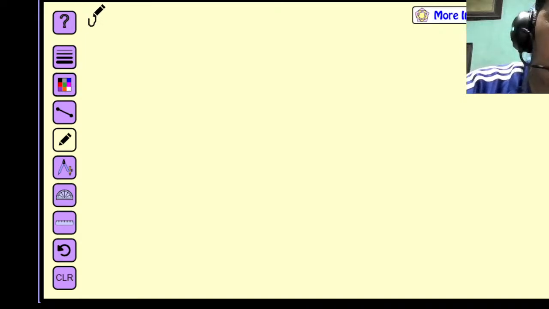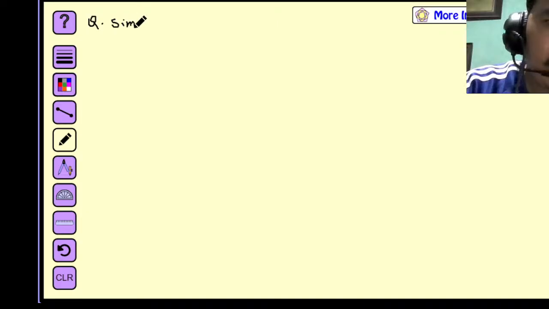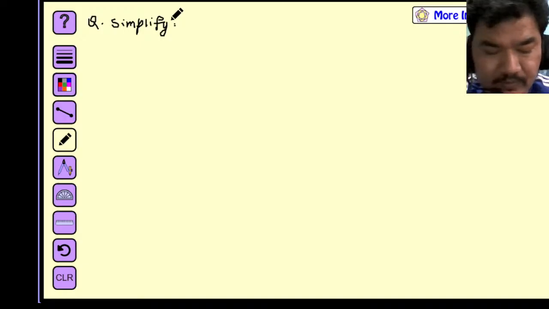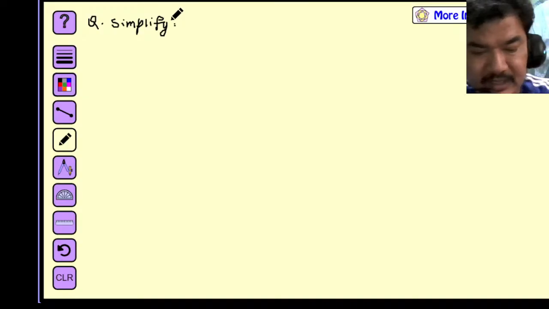The question is asking to simplify and express them with positive powers. How to simplify this? While simplifying, we have to convert the negative power into positive power. That is what the question is asking.